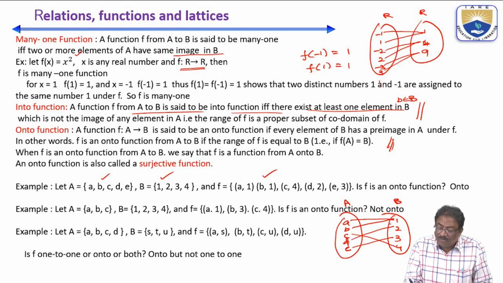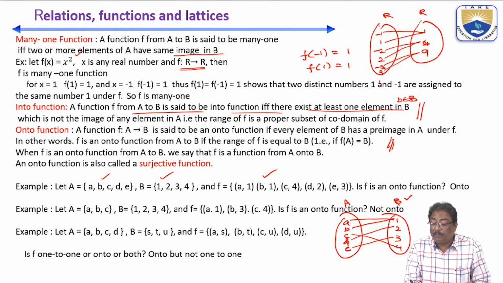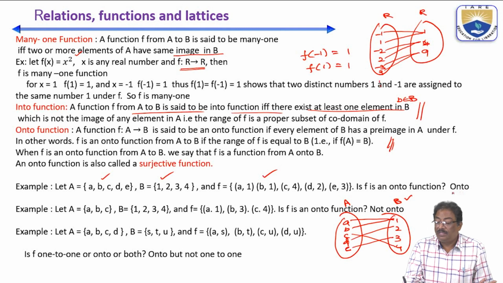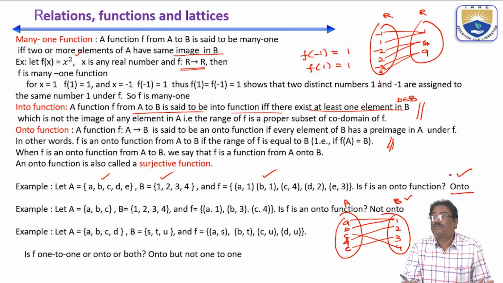See here, every element of B has a pre-image, or we can say that every element is mapped with some element of A. So this is known as an onto function.